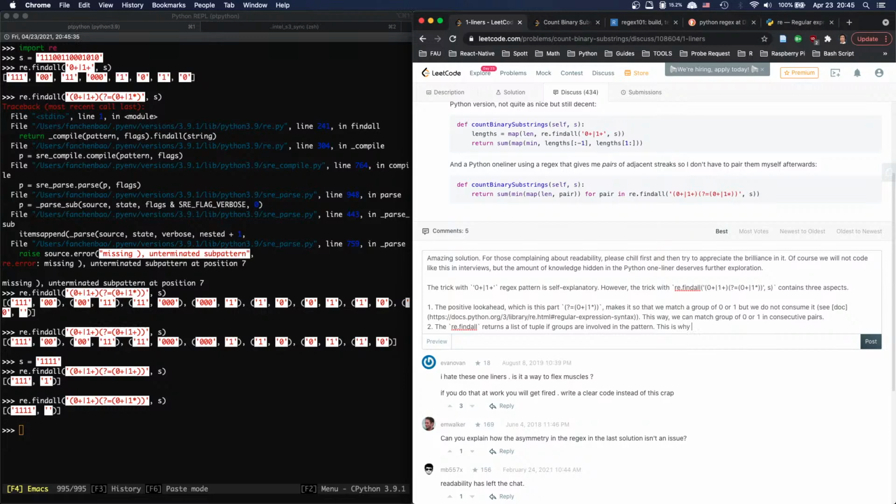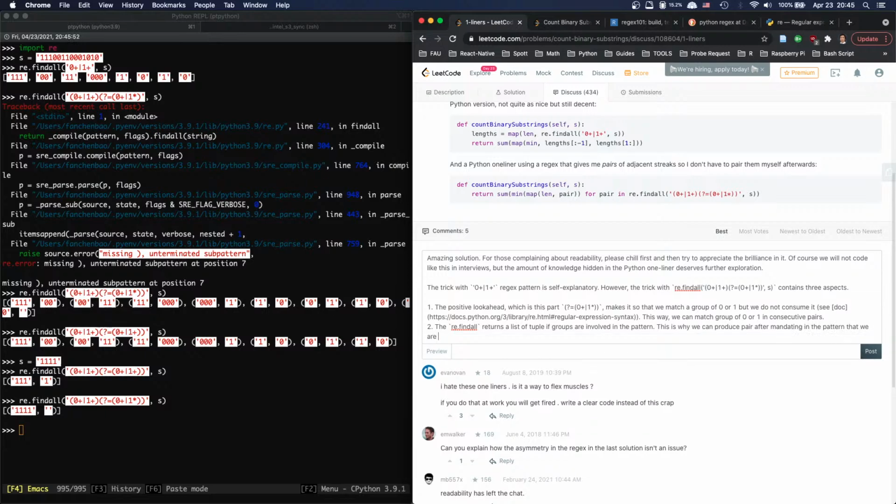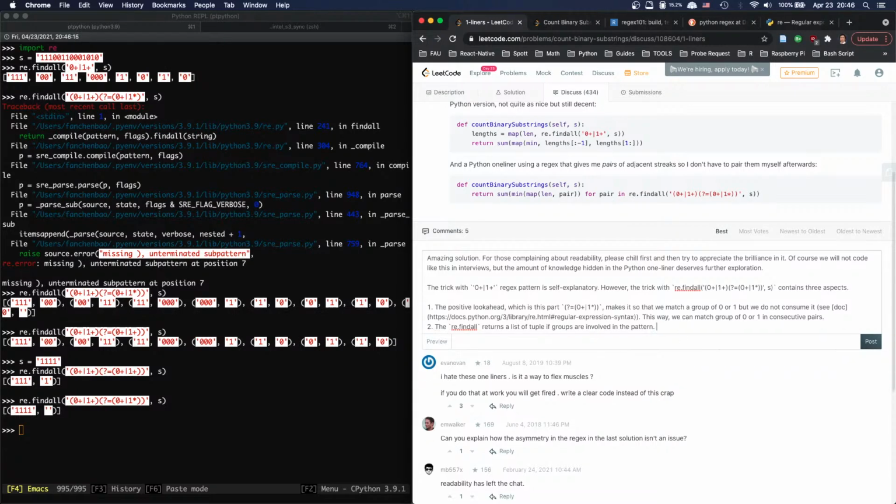This is why we can produce a pair of groups after using a pair of groups in the pattern. Yeah, that should be enough.